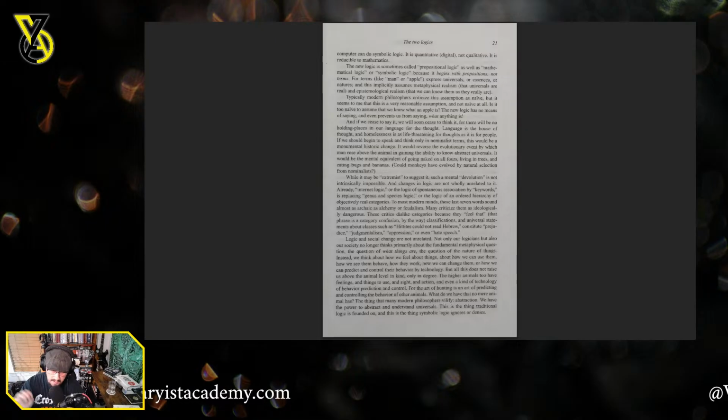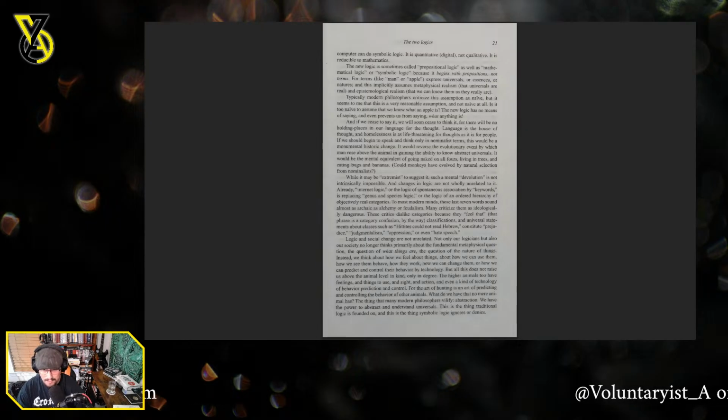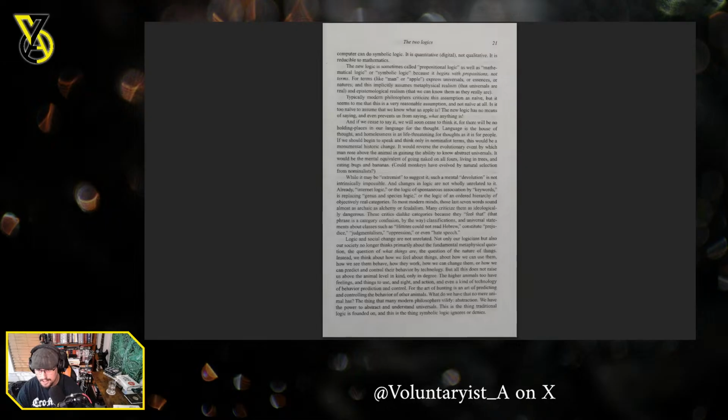These critics dislike categories because they, quote unquote, feel that phrase is a category confusion, by the way. They feel that classifications and universal statements about classes, such as Hittites could not read Hebrew, constitute prejudice or judgmentalism, oppression, or even hate speech.